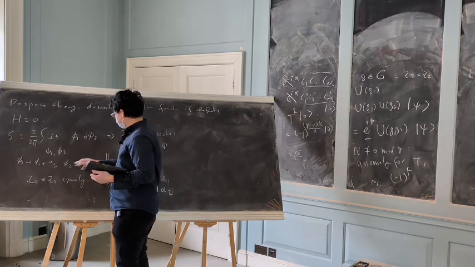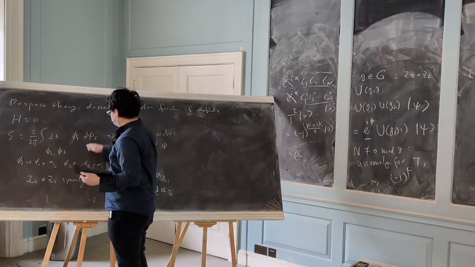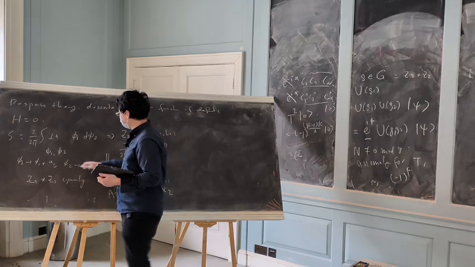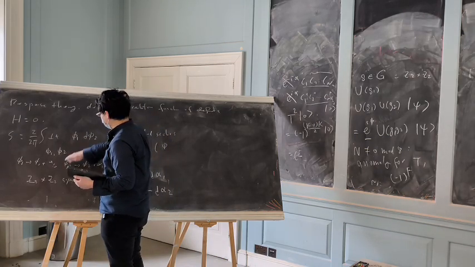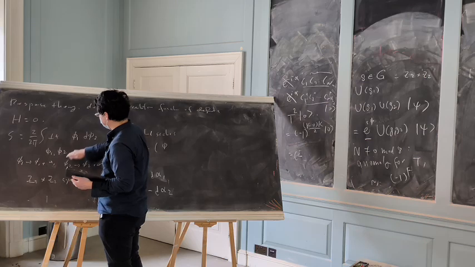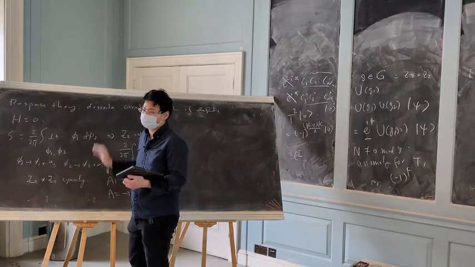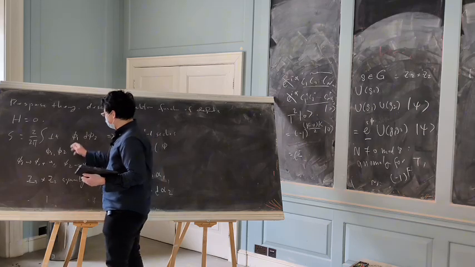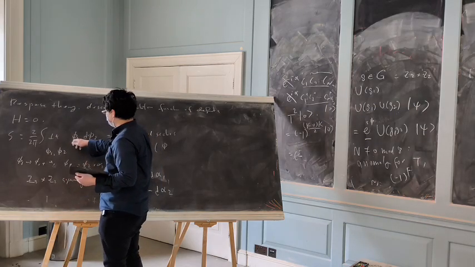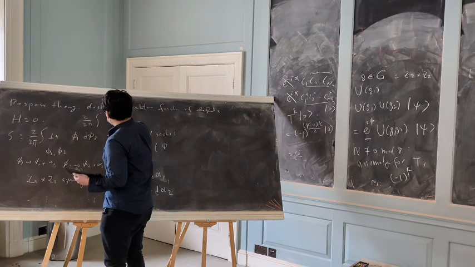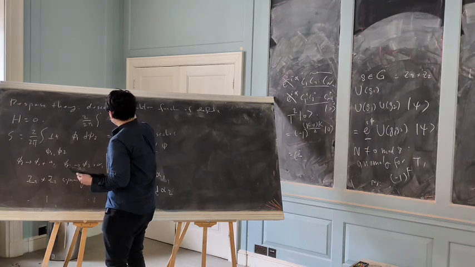Let me tell you what happened. If you shift phi 1 by arbitrary alpha 1, let me just discuss one case, the action will change by the integral of alpha 1 d phi 2.